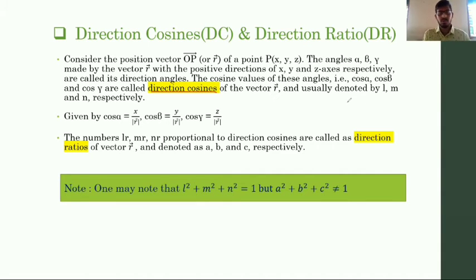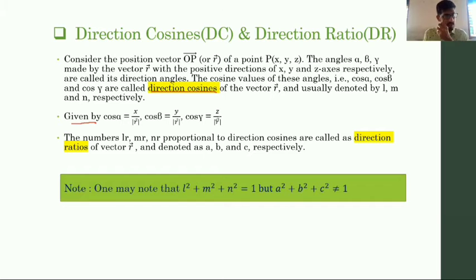We denote direction cosines by small l, m and n, and they are given by cos alpha equals x upon magnitude of vector r, cos beta equals y upon magnitude r, and cos gamma equals z upon magnitude r.